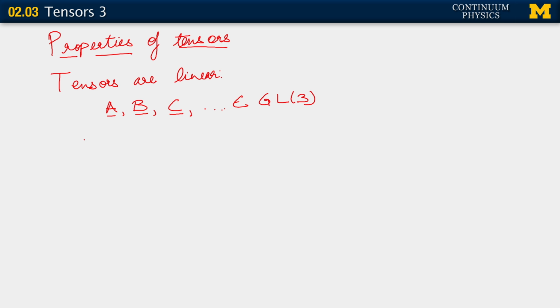We may ask, what do we mean if we write a tensor C to be alpha times A plus beta times B, where alpha and beta are just real numbers?